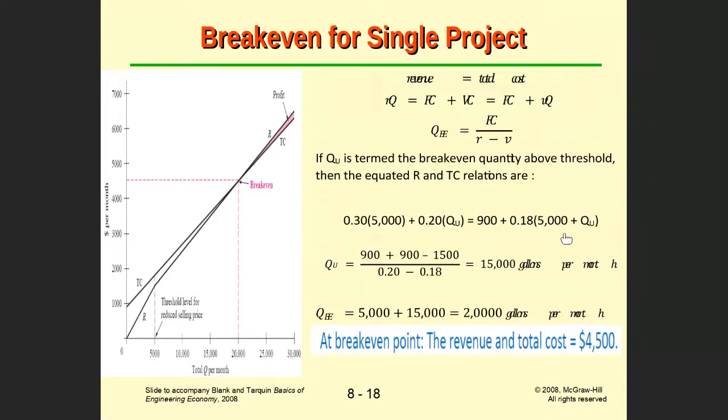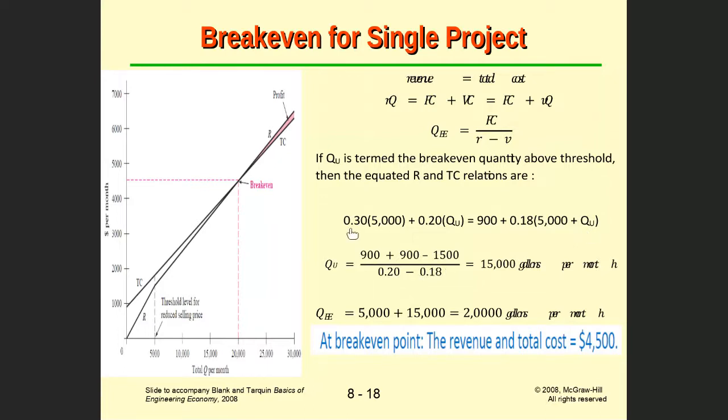So we added the QU and the 5,000 together, multiplied by the same exact 18 cents, because the 18 cents does not change when we increase the quantity over the 5,000. Only the revenue changes. That's why we split those two parts, but here we combine them: the 5,000 plus the quantity above the threshold.